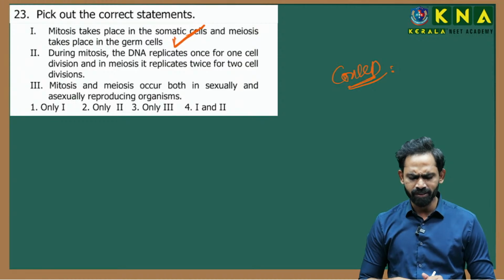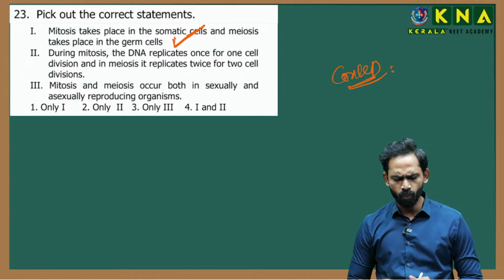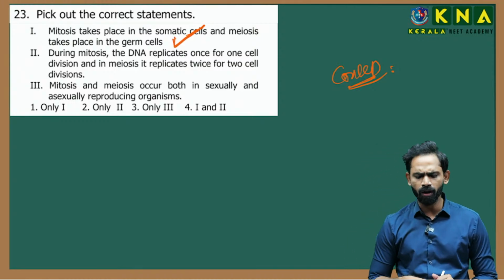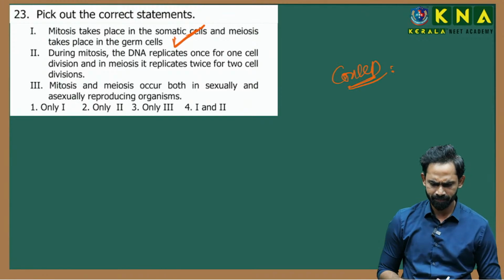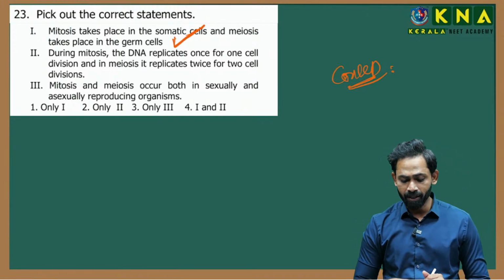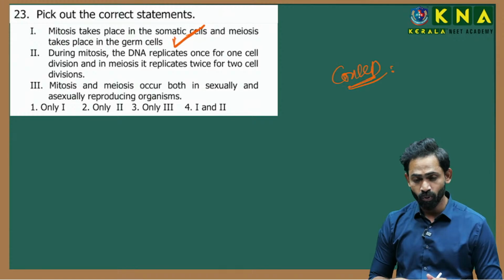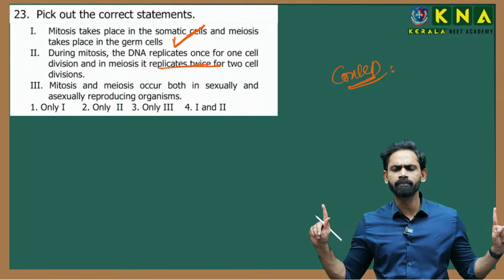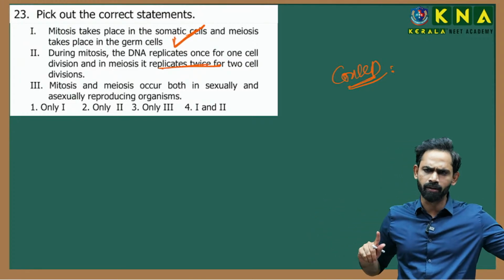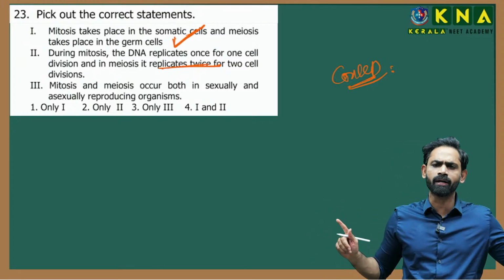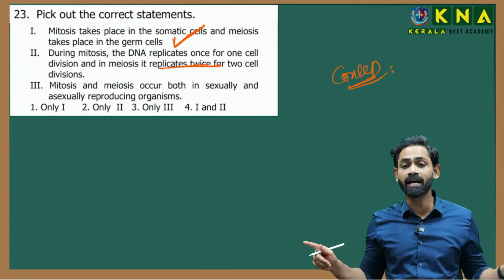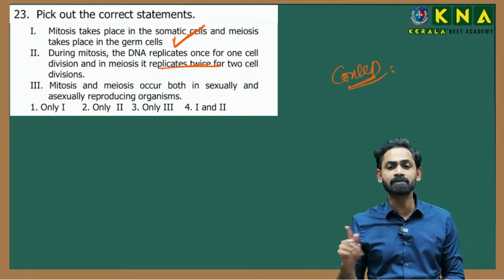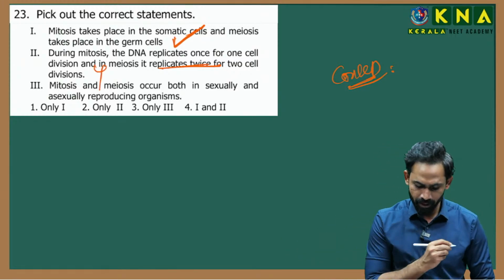During mitosis, DNA replicates once for one cell division, correct. But in meiosis, DNA replicates twice? Wrong. Only before mitosis, one replication; before meiosis, one replication. In interkinesis there is no DNA replication. So, wrong statement.